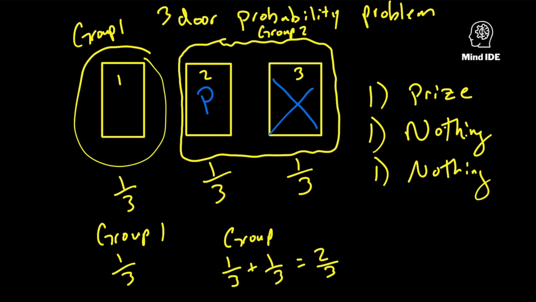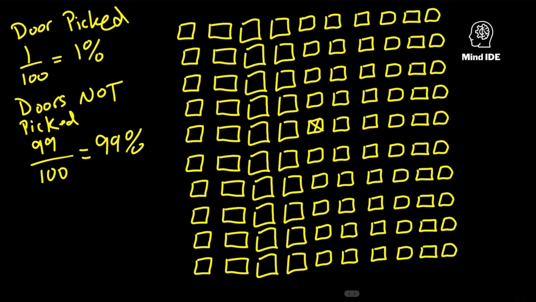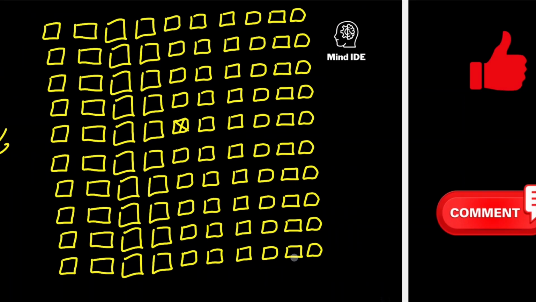The second group, the odds don't change, so it retains a 2/3, or 66.6 repeating percent chance, while your door has a 33.3 repeating percent chance. So you should always switch to the other group, because that will give you better odds. And that is the answer. That's how you solve this problem.